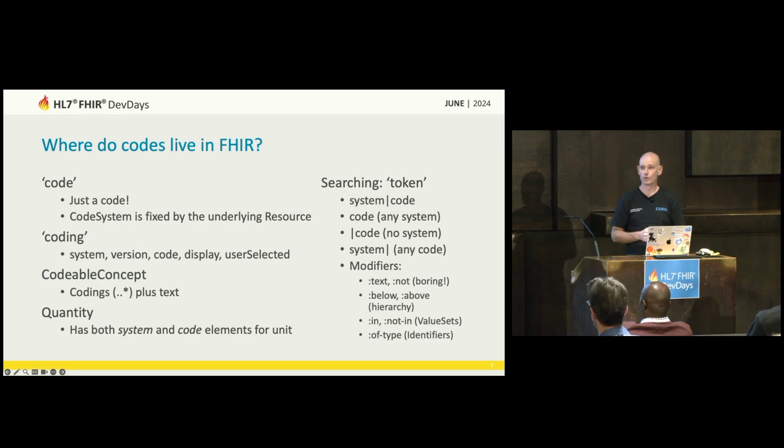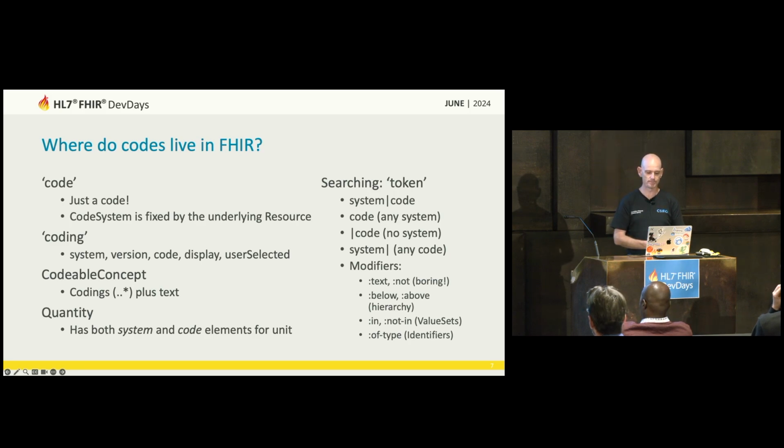So worst case, it might just be some text and you don't actually have a coding at all for that particular element, sort of a breakout. But you might have text plus a number of codings, and I've got some examples to come. And then you do have the quantity data type as well, which has both a system and a code element for the unit of measure that's for the quantity.